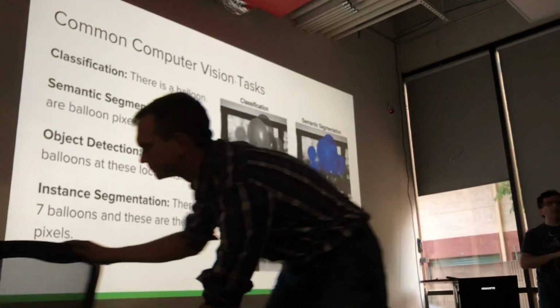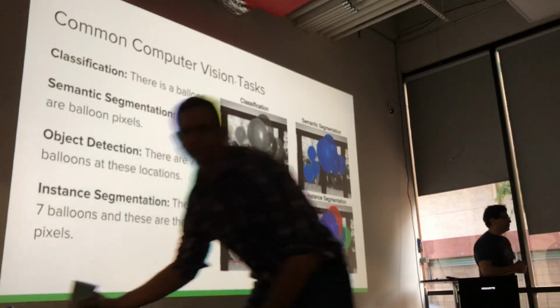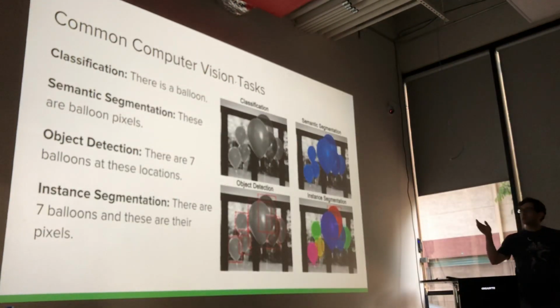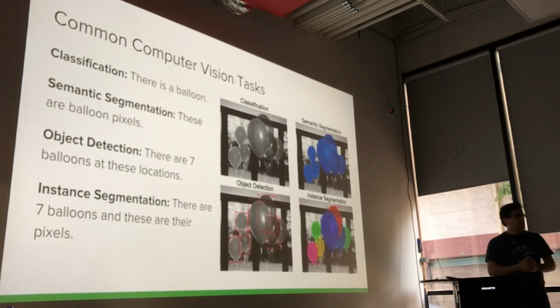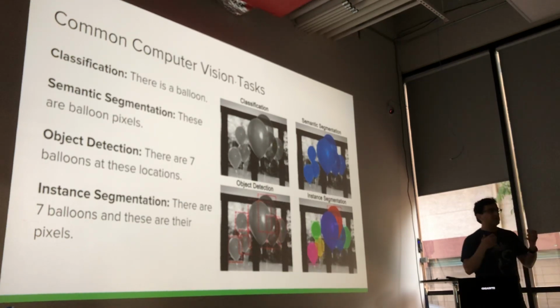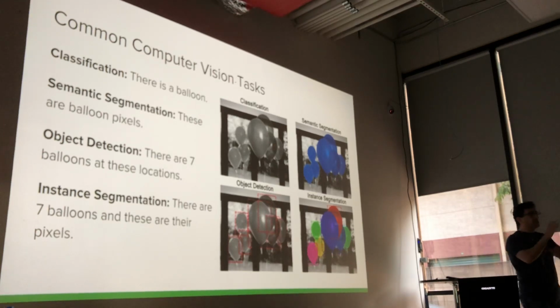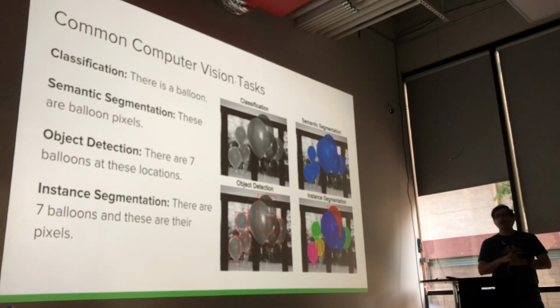There are a lot of tasks, but the most common ones are these four. Classification is very simple. You give me an image, I tell you if a certain object is in it. I can't tell you where in the picture. I can't tell you how many of this object exist, but I can tell you it's there. So that's classification.